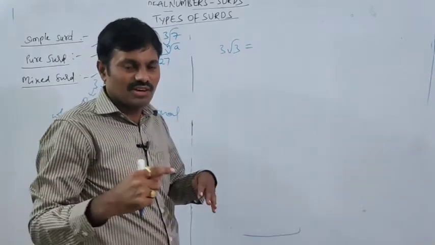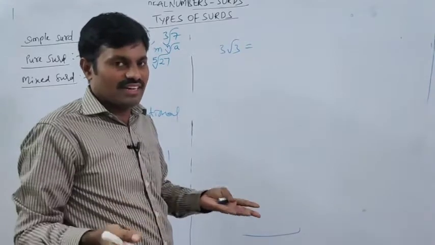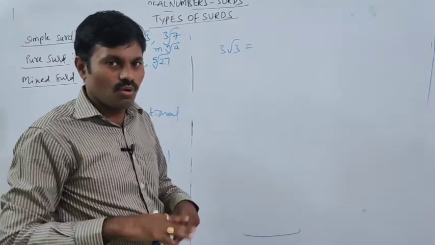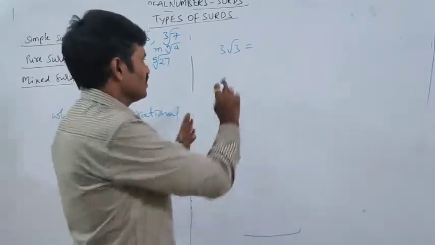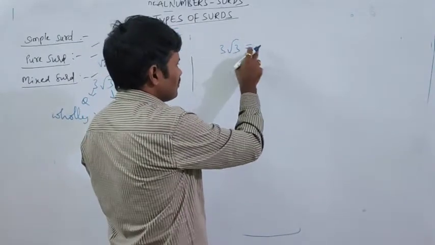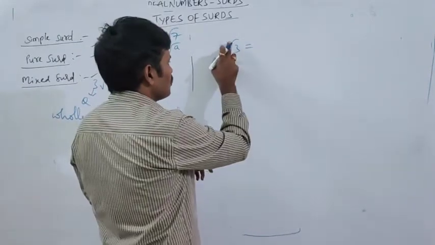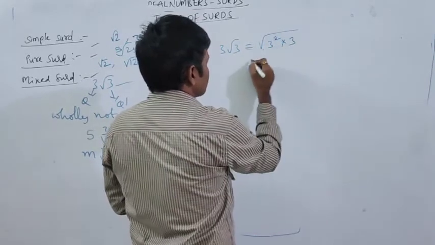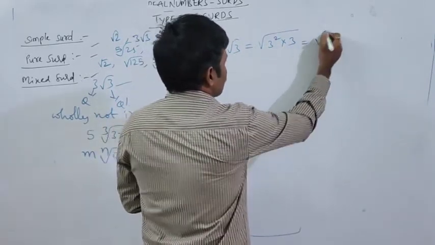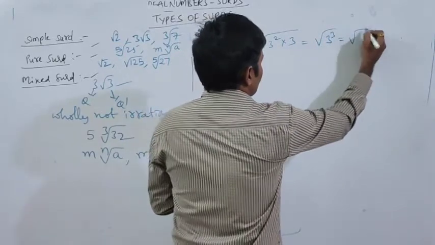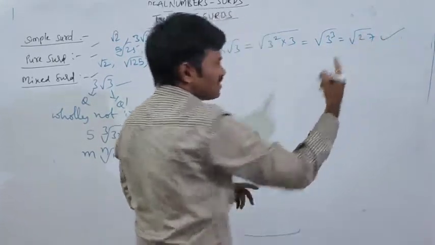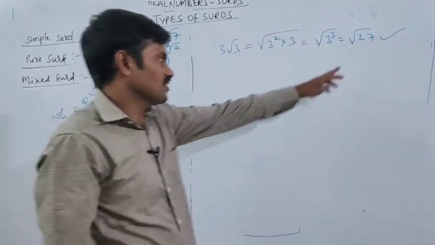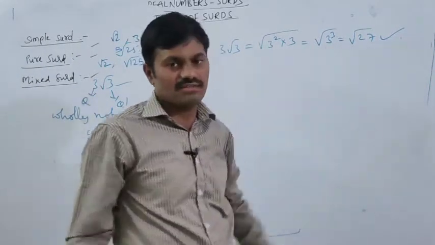A mixed surd is not wholly irrational, but a pure surd is wholly irrational. So sending 3 under the root. What is the order here? 2. So I am writing it as 3 square into 3, that is equal to 3 cube, that is equal to square root of 27.